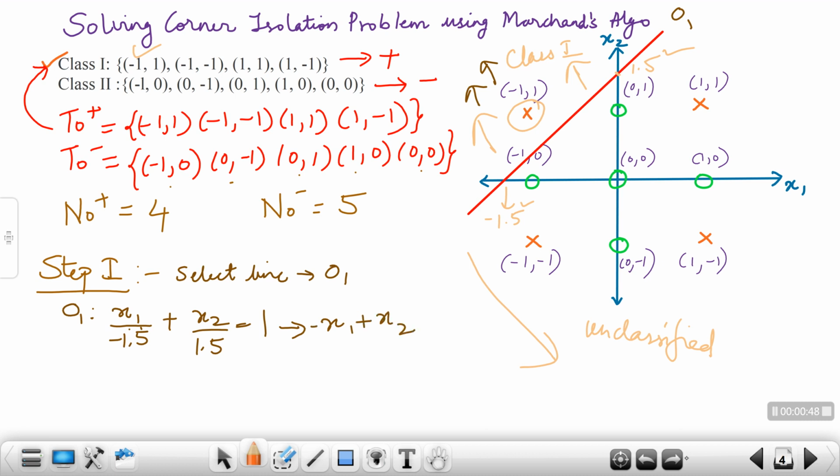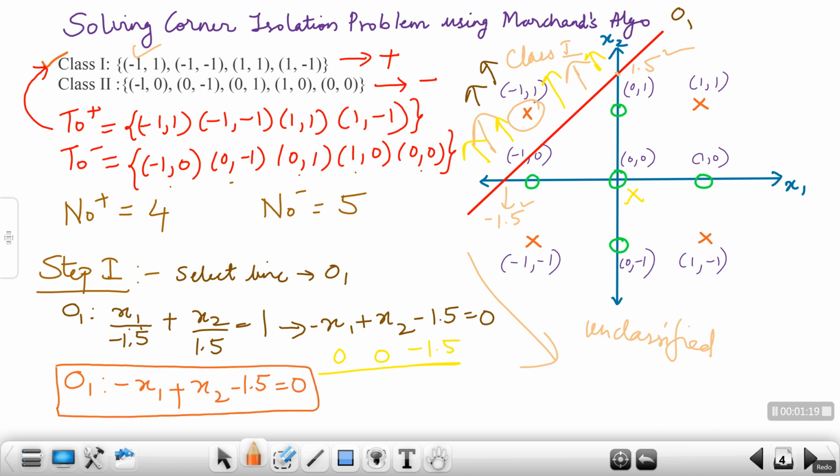I can simplify this equation as minus x1 plus x2 minus 1.5 is equal to 0. When I substitute 0, 0 in this, I get minus 1.5. That means 0, 0 is not lying in the upward region, so the equation is correct. That is, O1 is equal to minus x1 plus x2 minus 1.5 is equal to 0.